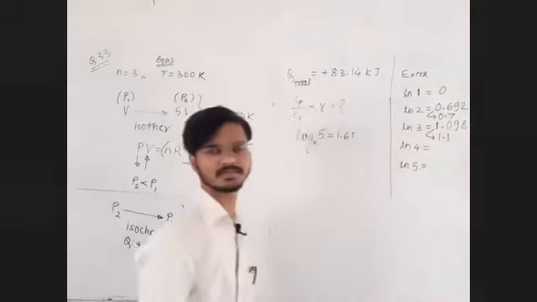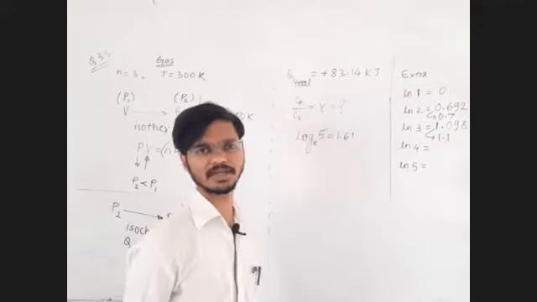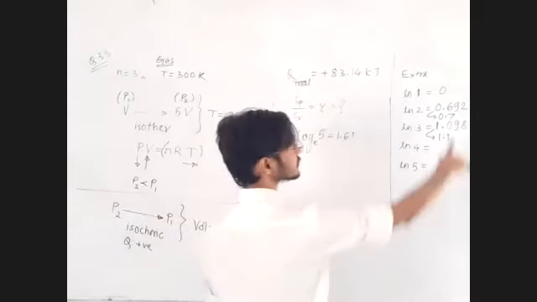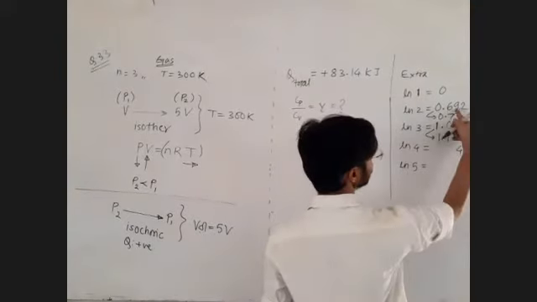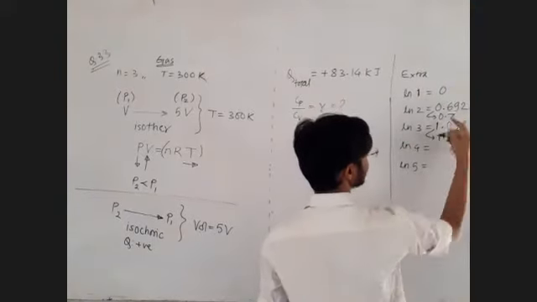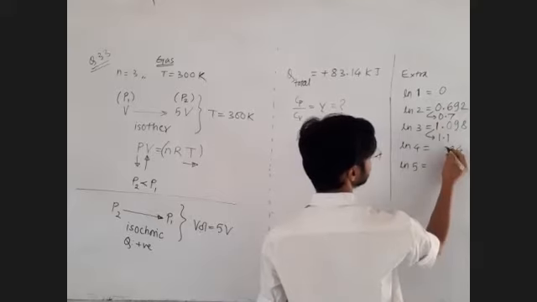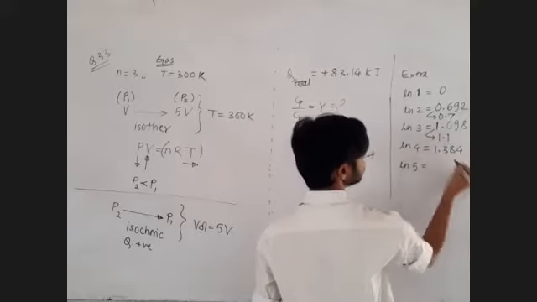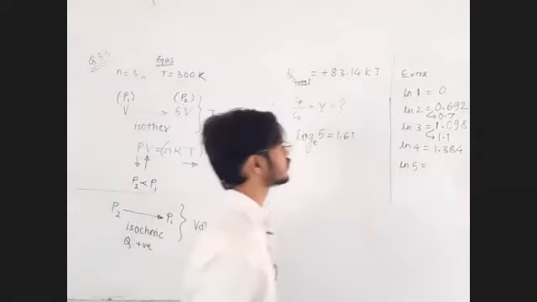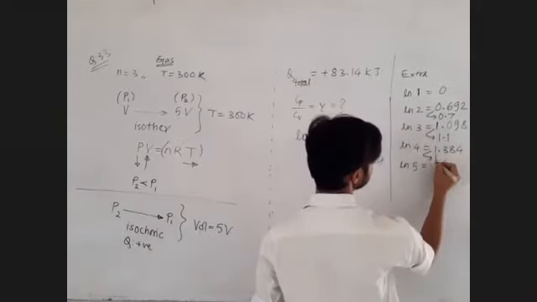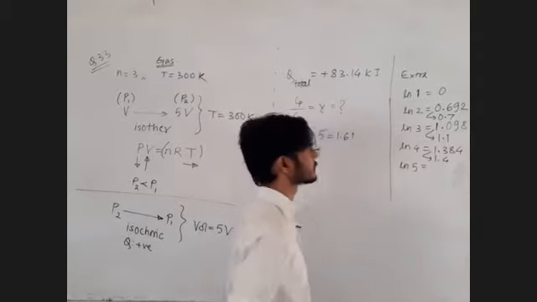Ln 4, double of Ln 2. Double of 2 is 4, double of 9 is 18, carry 1, double of 6 is 12, 12 plus 1 is 13, carry 1, so 1.384, approximately 1.4, double of this.